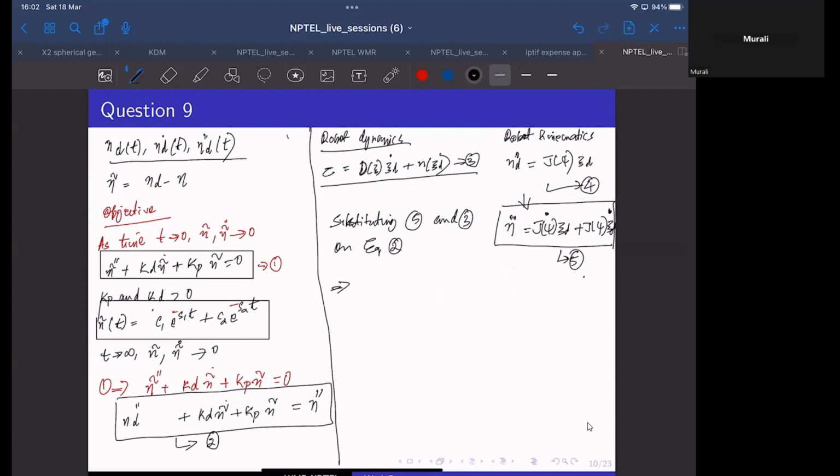This would yield eta desired double dot plus kd eta tilde dot plus kp eta tilde.